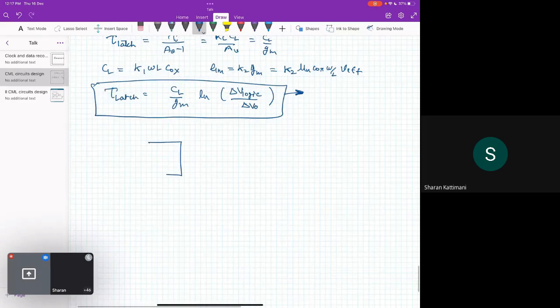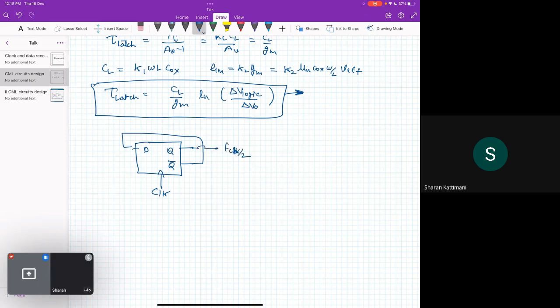So we know that if we want to have divider, it will be Q, and this is Q bar, so we will apply Q bar to D. Okay, and here we have clock, so this will give you F clock by 2. This is F clock. Okay, so all this can be implemented in CML logic.